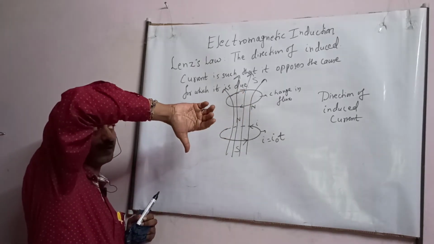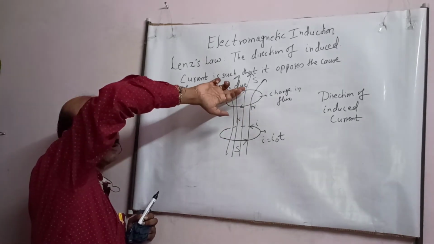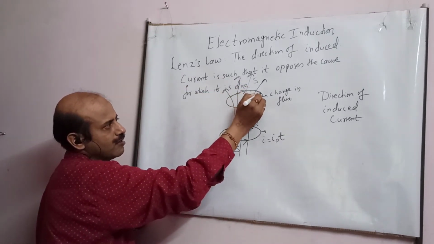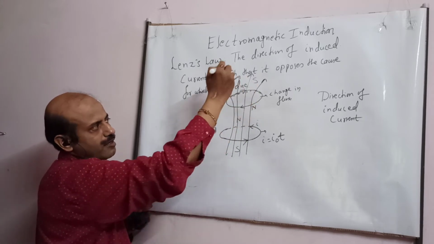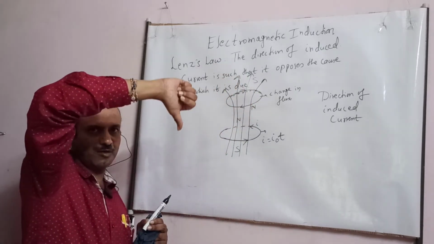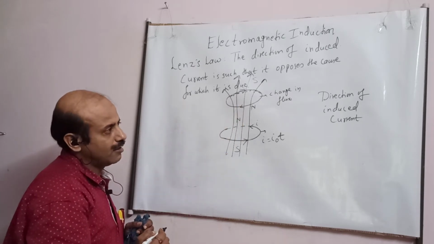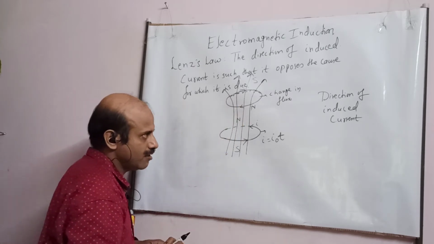You can check it by the hand also. From above, if I look at this loop, this is the inside portion, okay, student. I am drawing it here. This is inside the board. You see by the hand, student. North pole is down. See, it is opposing it. Now suppose, student, one loop is here.